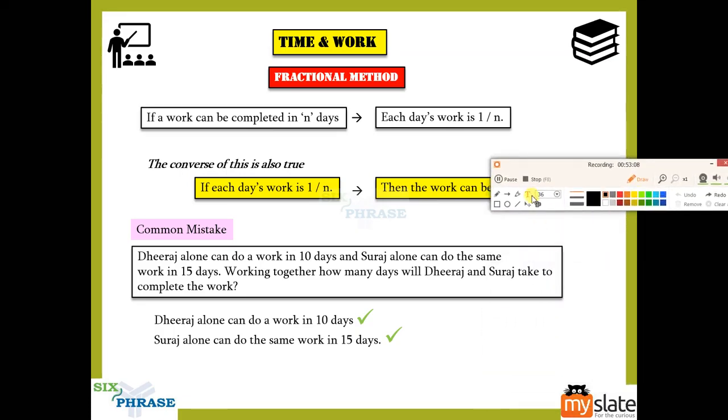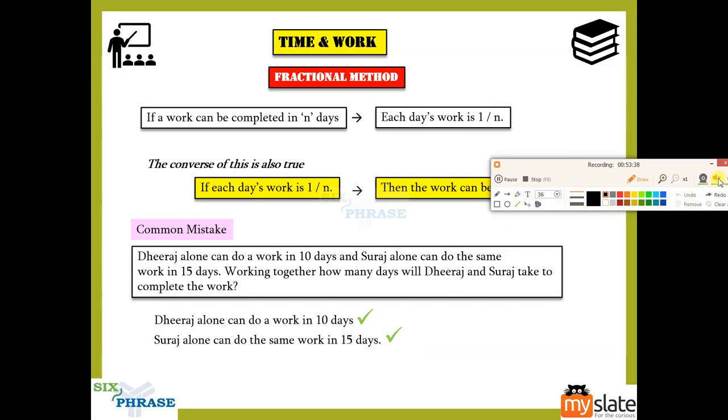Whoever takes the least amount of time is efficient, right? So who is taking the least amount of time? It is Dheeraj. So this guy is the efficient guy. Suraj takes 15 days. Compared to Dheeraj, he is not efficient. Dheeraj is efficient. Suraj is less efficient than Dheeraj. Just keep this in mind.